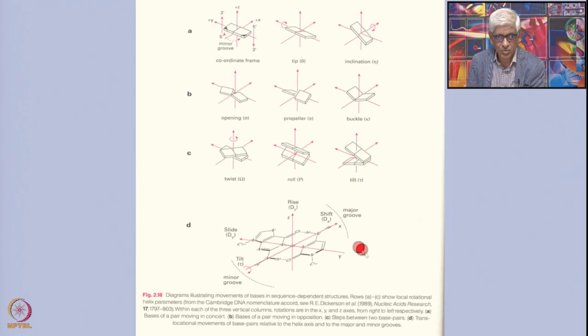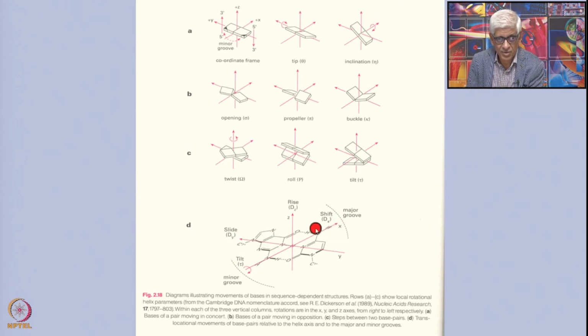You define x, y, z, these three axes with respect to the base pair, and you can define the positions of all of these groups as rotations with respect to these three axes, and that is called the slide, and then you have the shift. So, how they are shifted with respect to the center, okay. Whether it is exactly going through the center or it is shifted with respect to that. So, this one is shifted. So, this is a kind of slide and this is a shift.